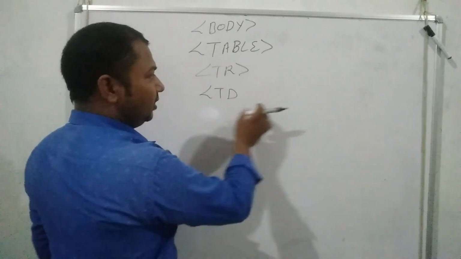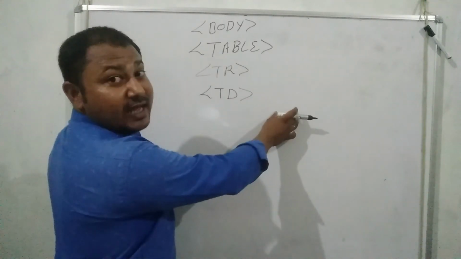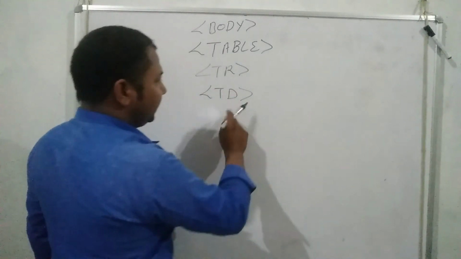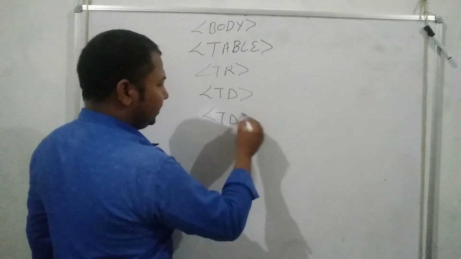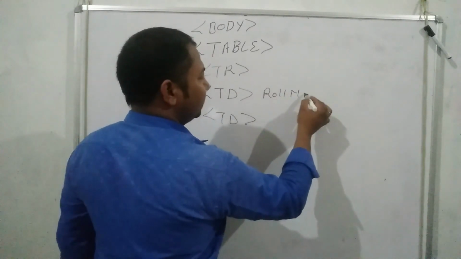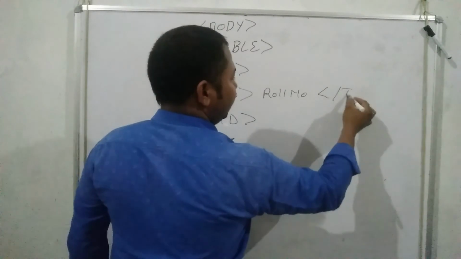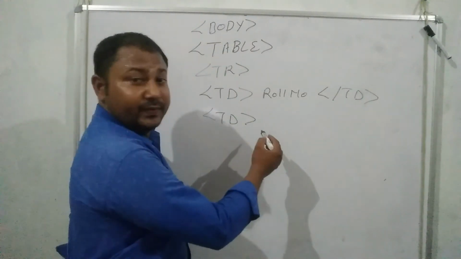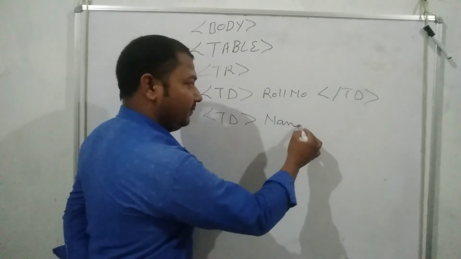TD will create a cell and TR will create a row. Here, TD, suppose roll number, and TD will close. Here TD means name.